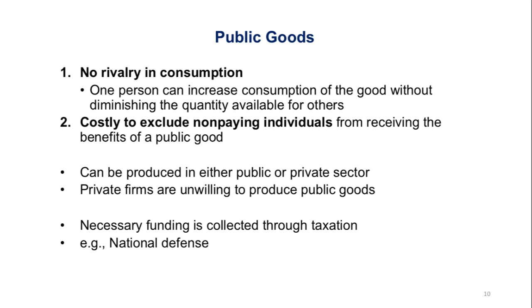If I'm willing to pay my taxes because I'm worried about a future terrorist attack, and there is another person who's not worried and not willing to pay taxes, there's no way to exclude that person once the public good is created. Everybody can consume it, and we can't exclude people from consuming it.